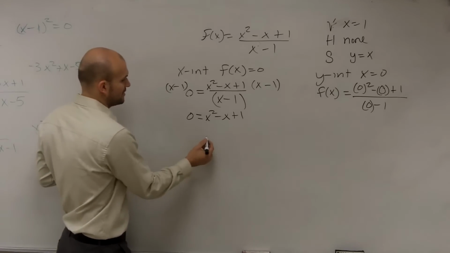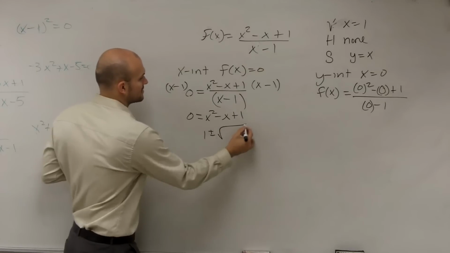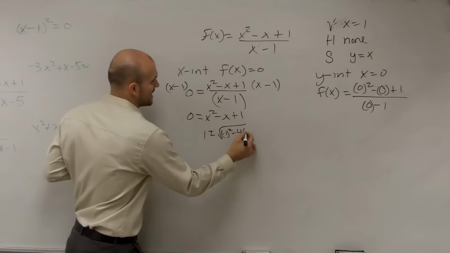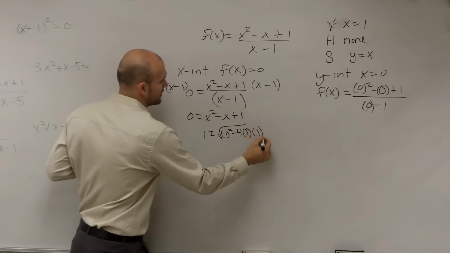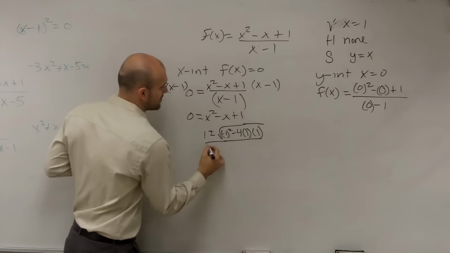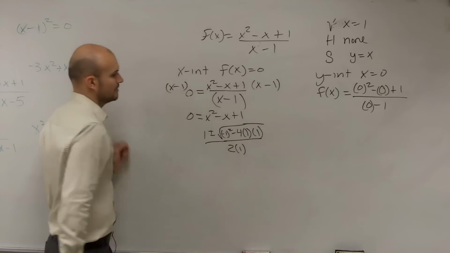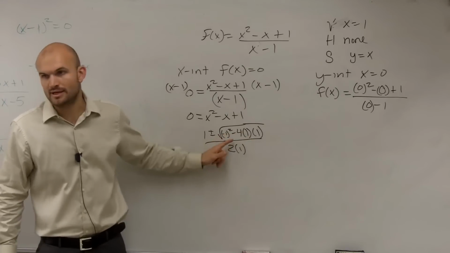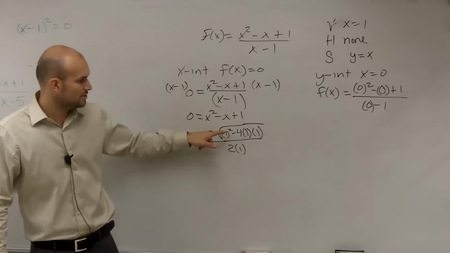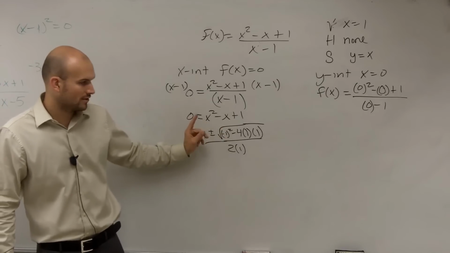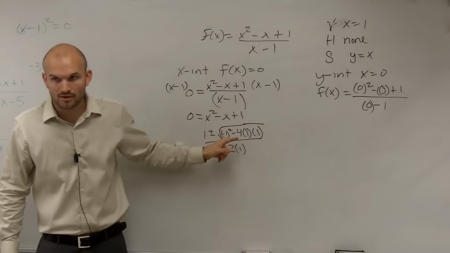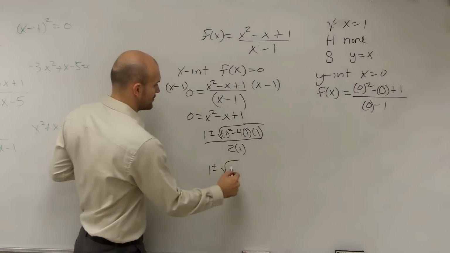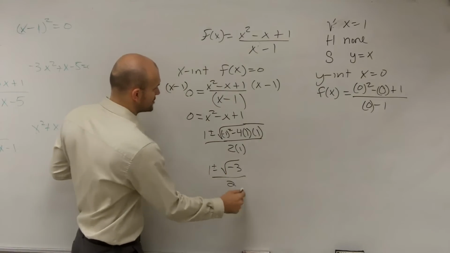So you could do the opposite of b, which is 1, plus or minus the square root of negative 1 squared minus 4 times a times c, which is 1, divided by 2 times 1. Now I notice automatically this is our discriminant. Negative 1 squared is 1, minus 4. You're automatically going to have 1 plus or minus the square root of negative 3, divided by 2.